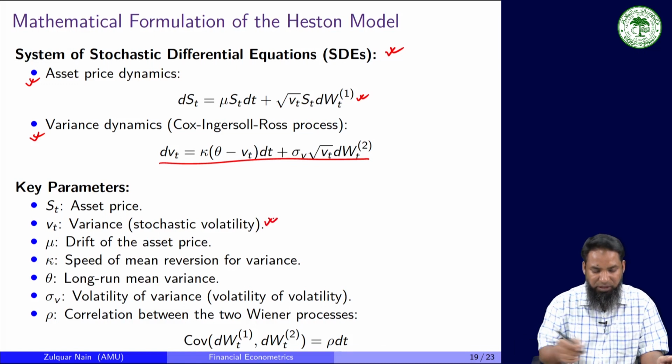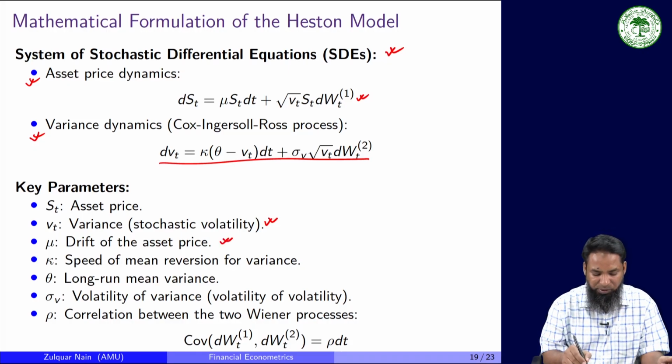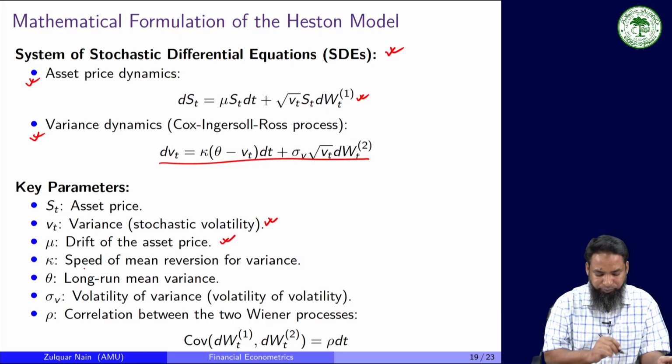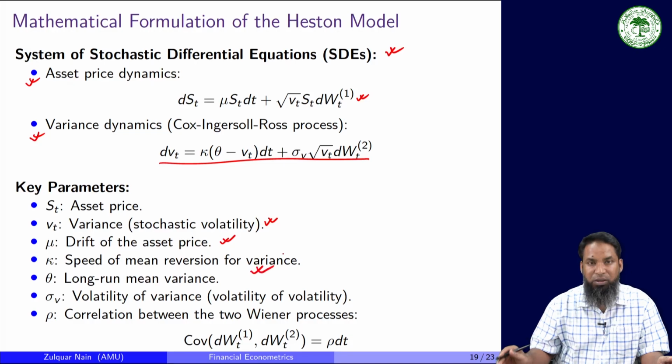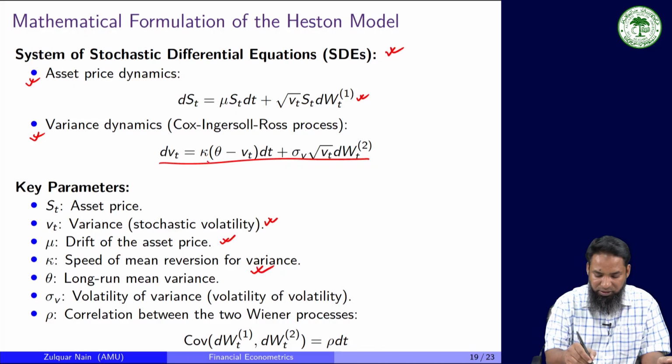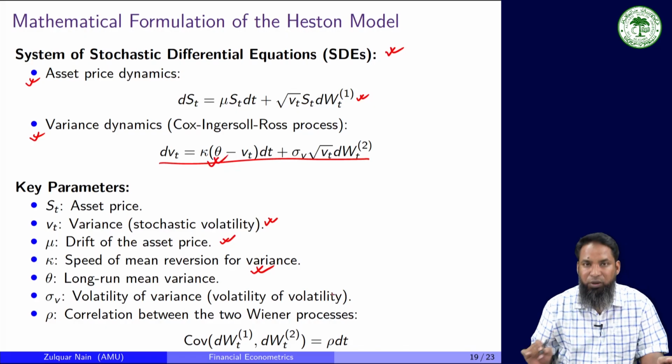As discussed earlier, mu is the drift of the asset price. Kappa is the speed of mean reversion of the variance, theta is the long run mean variance, and sigma v is the volatility of the variance, that is the volatility of volatility.